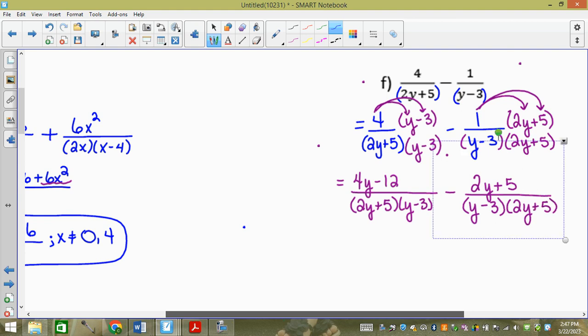Do we have the same denominators now? Yeah. So can we write them over one denominator? What do we have to watch with that subtraction sign in the middle? That it goes to both. Everything behind it, right? So we're going to get y minus 3, 2y plus 5 in the denominator.